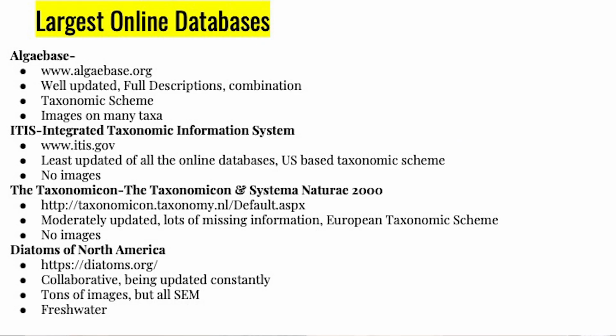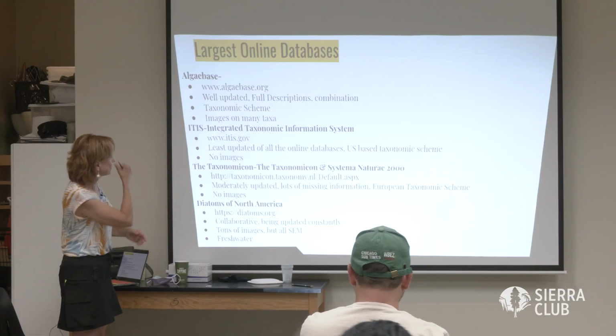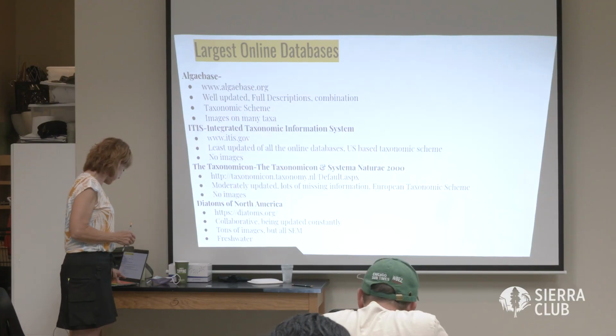You will have this in your notes. So when you go home and buy a microscope and start taking samples from your lake regularly, you're going to be like, well, I got Dolly, Fanny, and Mike. But there's a lot more. And here's places where you can find them.